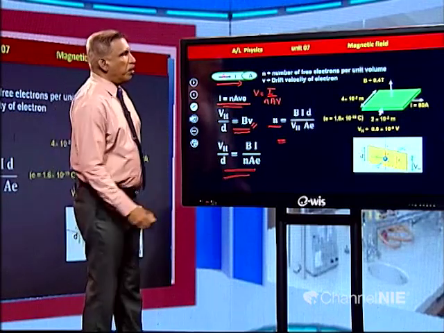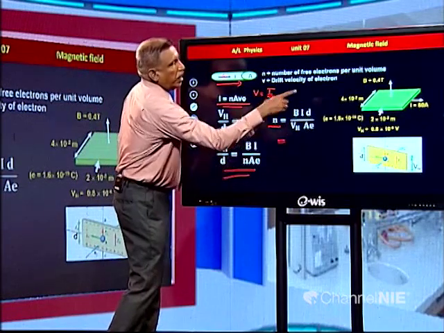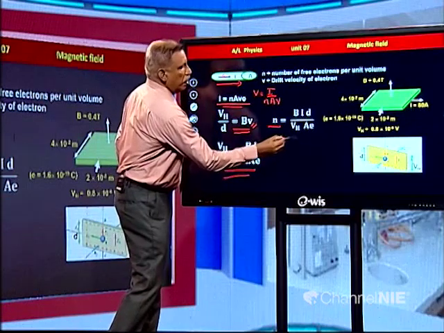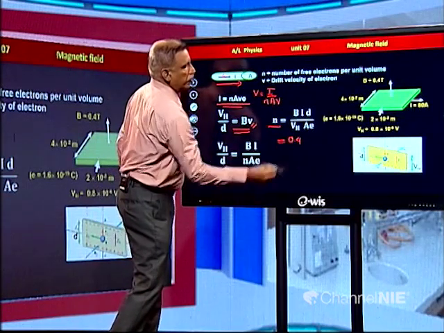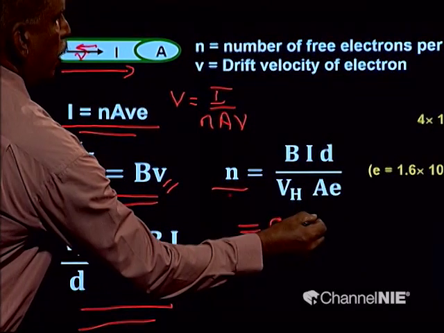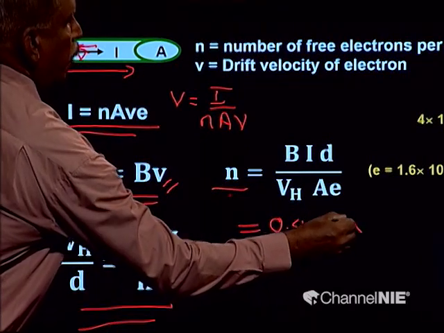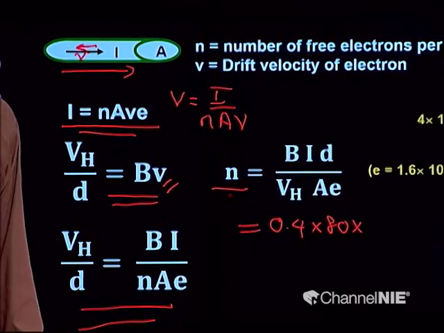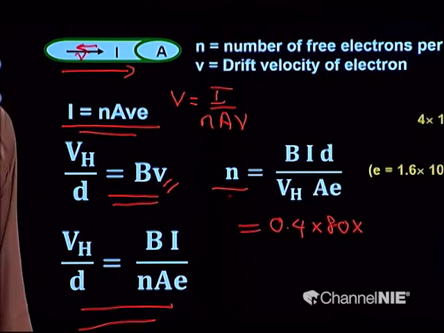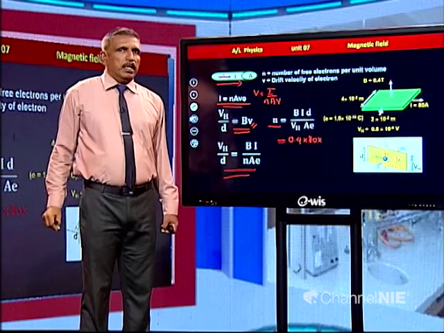Here B is 0.4 Tesla, as given in the diagram, and I is 80 ampere passing through this conductor. Now D: be very careful about this D. D is the distance across which the voltage difference is set up.